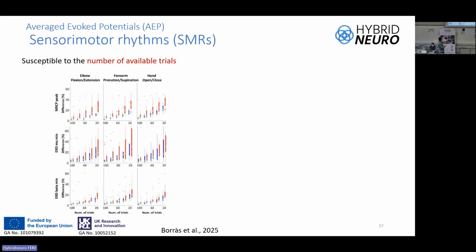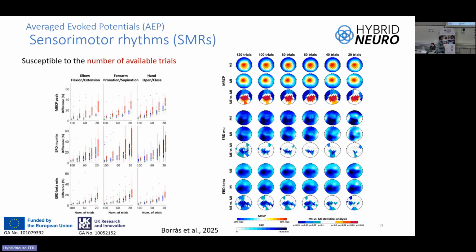This is the number of trials. Increasing the number of trials, you can observe that we obtain less variability, and also this is the topographic map. Increasing the number of trials, we can better characterize the areas related with this model.